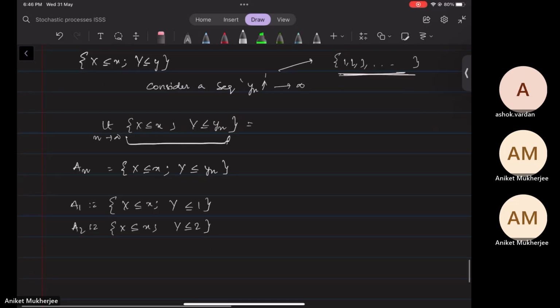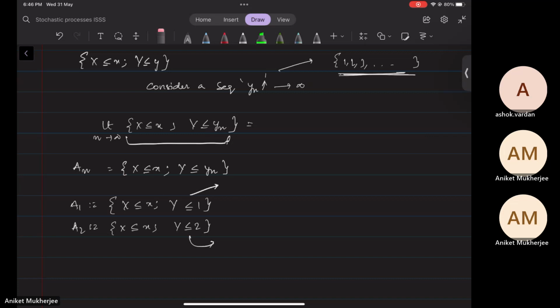The event Y less than or equal to 2 would have all the events in which Y is less than or equal to 1, because if Y is less than or equal to 1, then Y is less than or equal to 2.